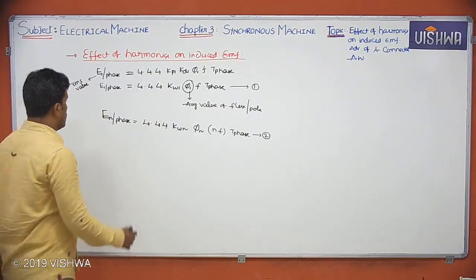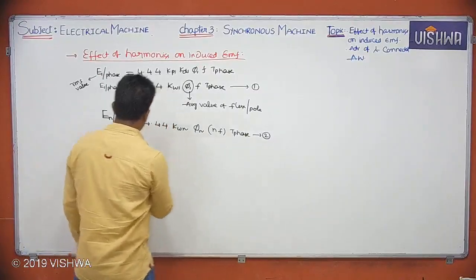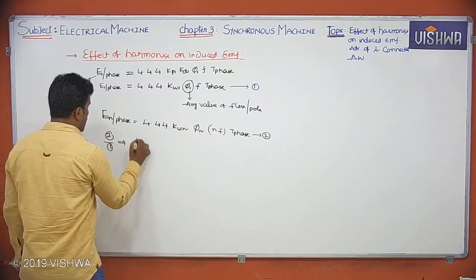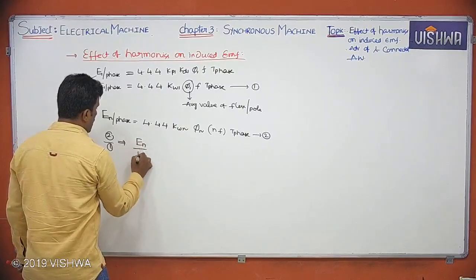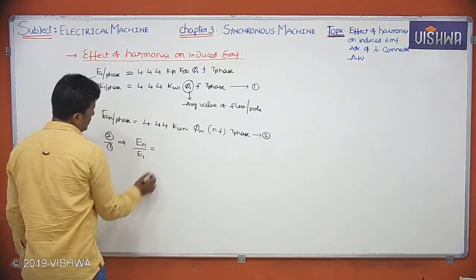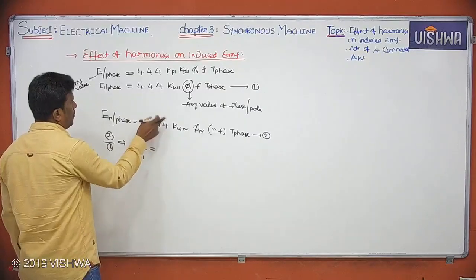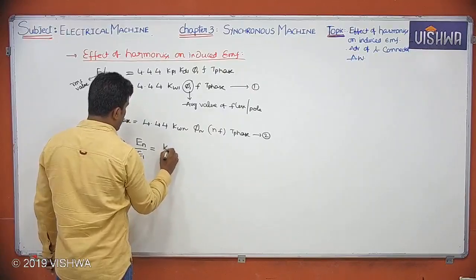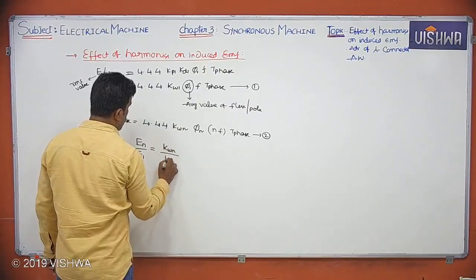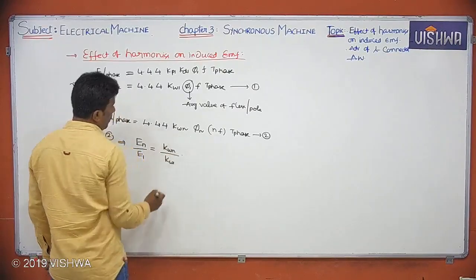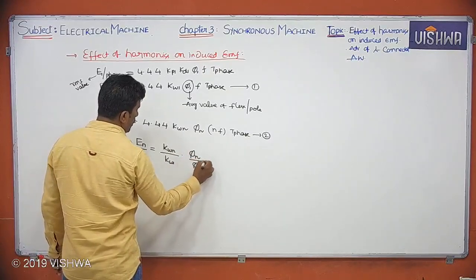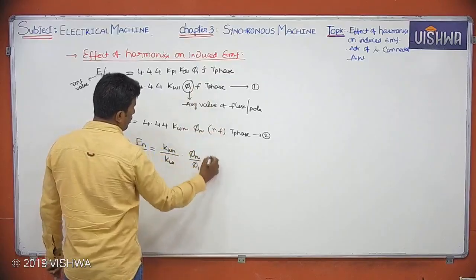So from equation number 2, 2 by 1 gives En by E1. 4.44 by 4.44 cancels. Now Kwn by Kw1 into phi n by phi 1 into n f by f becomes n.